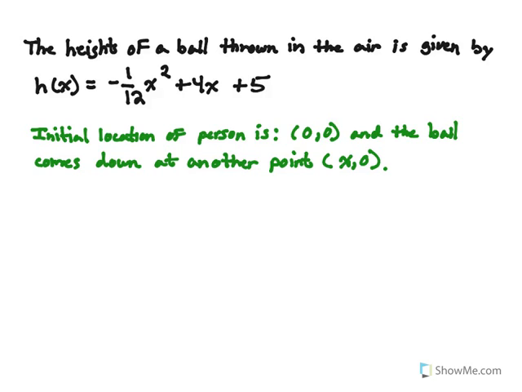So in this particular example, we want to find the height of the ball thrown in the air, which is given by the following equation. And think of the initial location of the person as 0, 0. And then the ball is going to come down at another point we will call x, 0. And x in this case is referring to the horizontal distance.